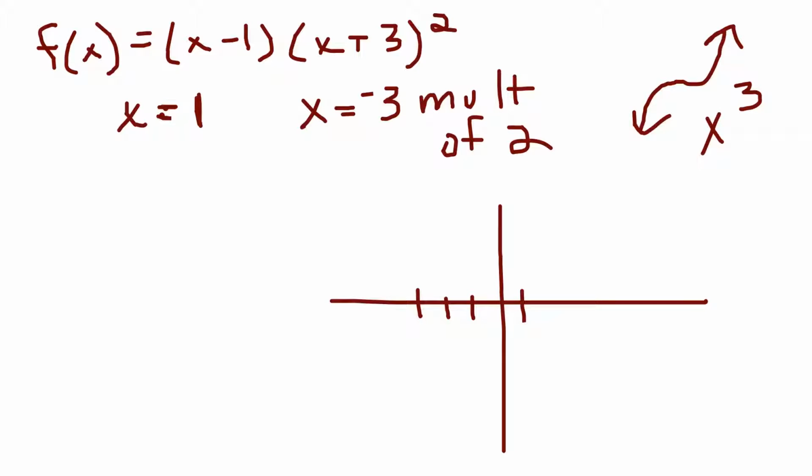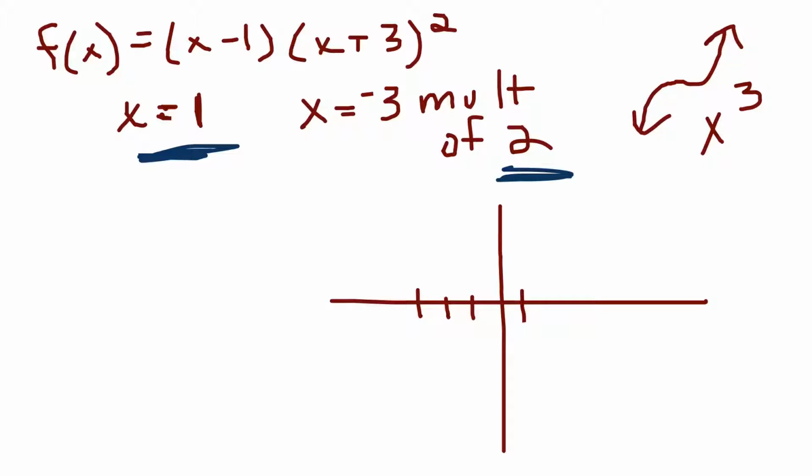Why is that multiplicity important? First of all, if it has an even multiplicity like this one does, then I know the graph is going to bounce back, or in other words, touch it. So it's going to hit at that 0 and then bounce right back in the direction it came from. Whereas if it has an odd multiplicity, like this one with a multiplicity of 1, it's going to cross, it's going to go right through.